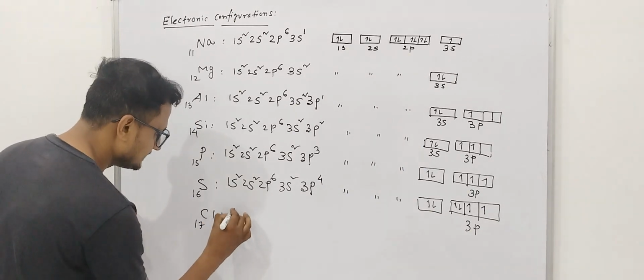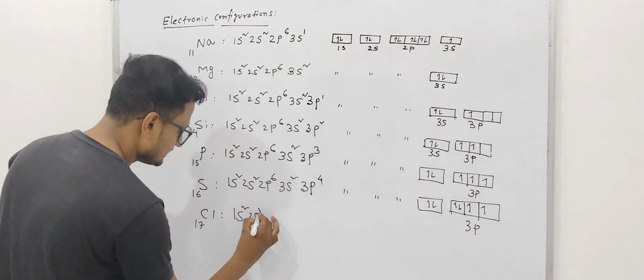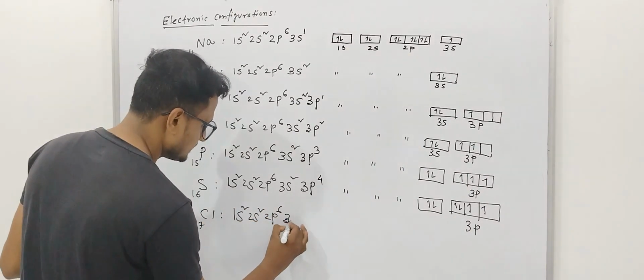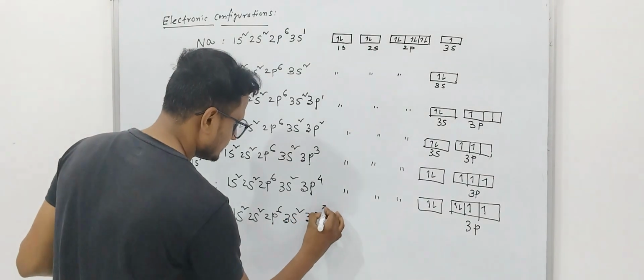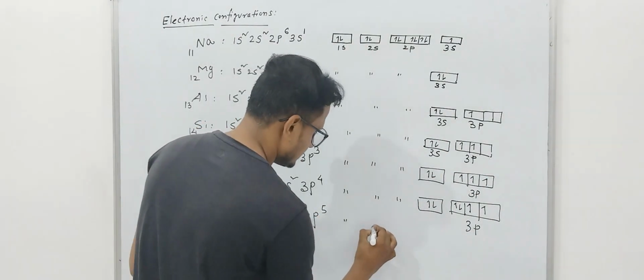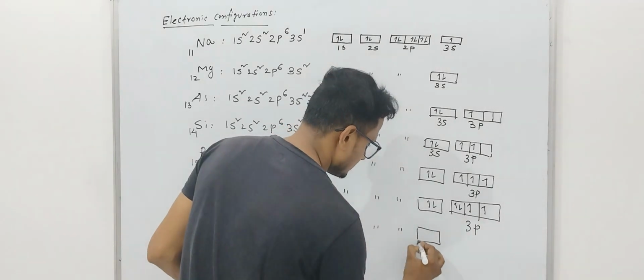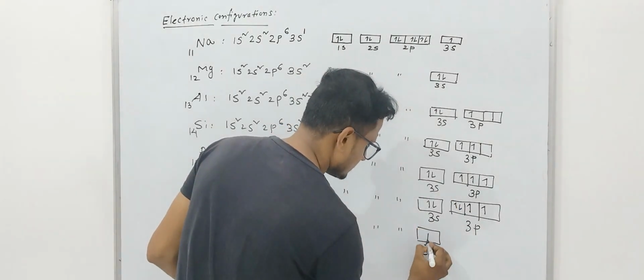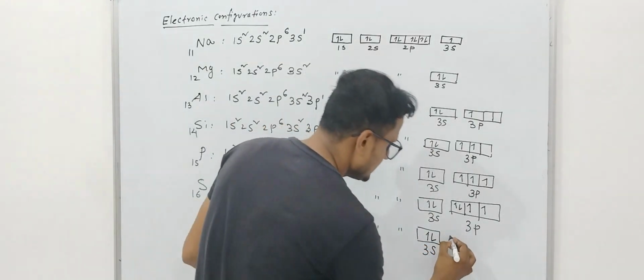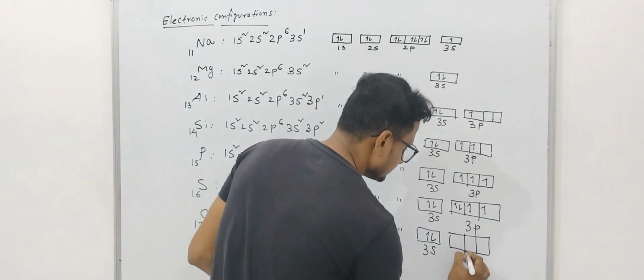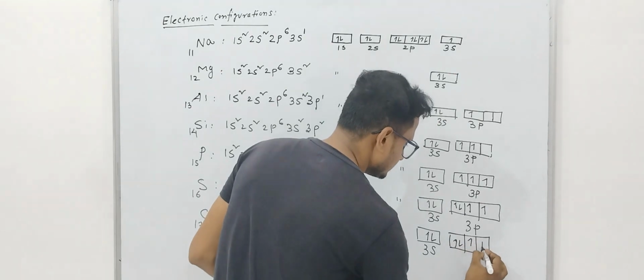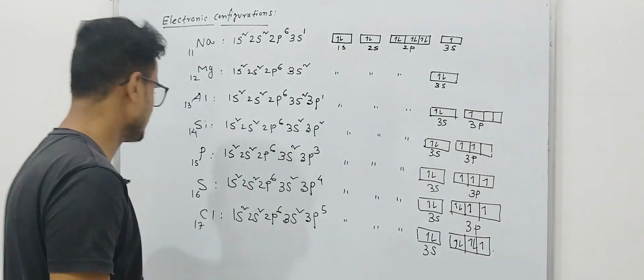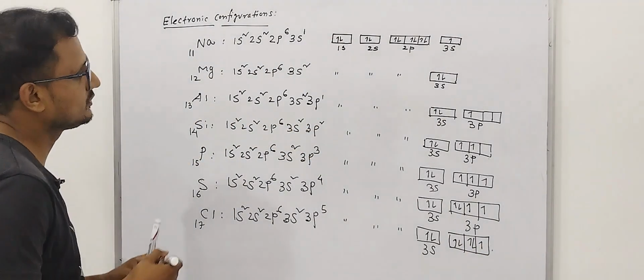Chlorine is 17. Up spin, down spin. Okay, these are up to chlorine.